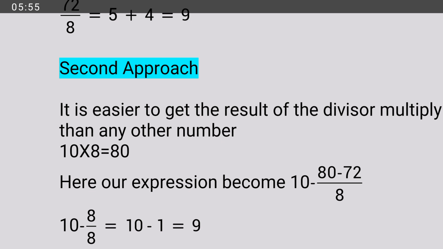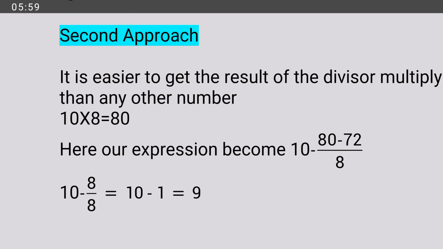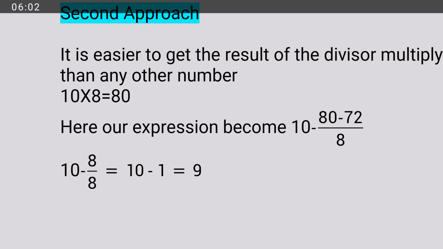So 80 minus 72 gives us 8, and 8 divided by 8 is 1. So our final answer becomes 10 minus 1, which is 9.